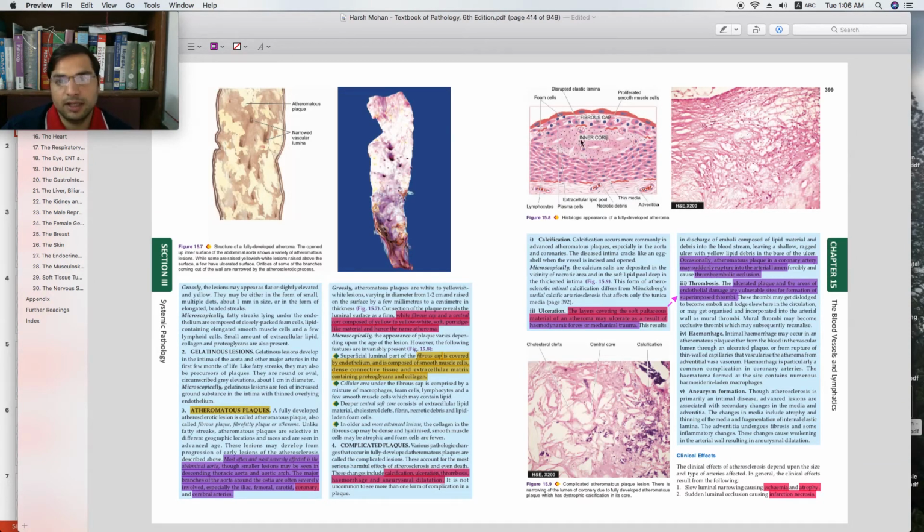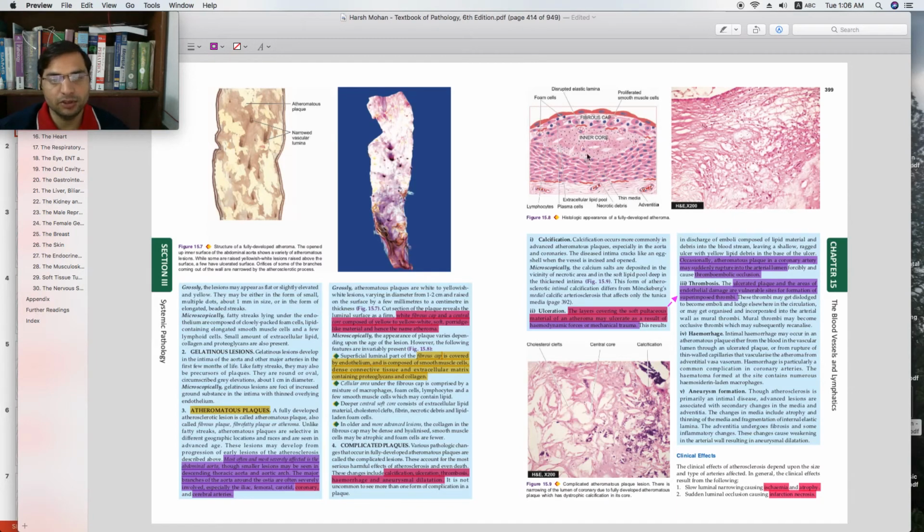Ulceration is when, as I was telling you, because of the high blood flow, the fibrous cap is eroded, and this atheroma develops ulcers. The ulcer is the erosion of the endothelial layer. The endothelial layer and the fibrous cap is eroded. So that is called ulceration. You can also call it rupture of these atheromas, or rupture of these atheromatous plaques.